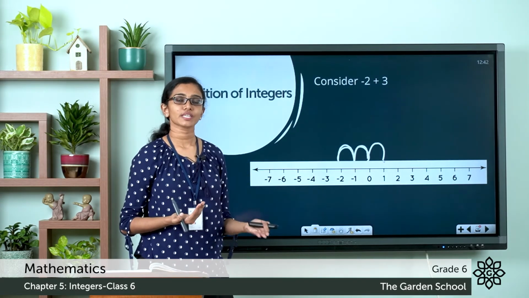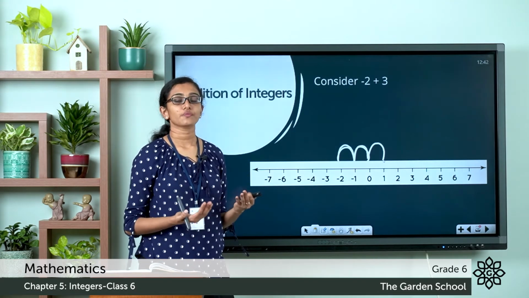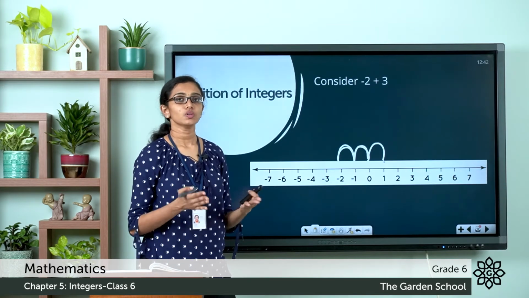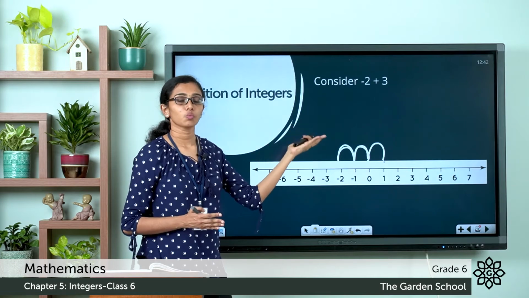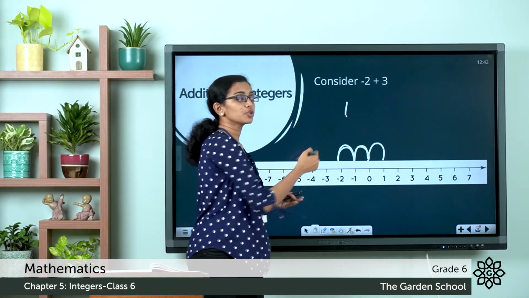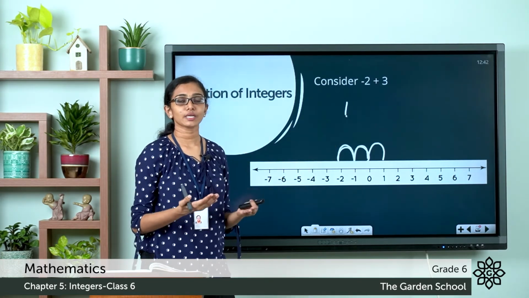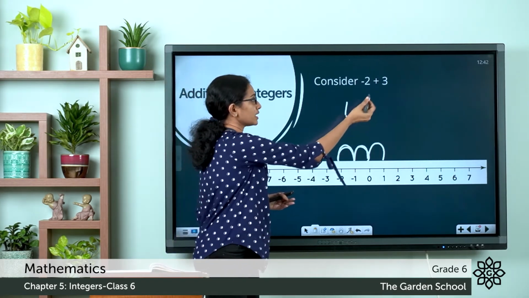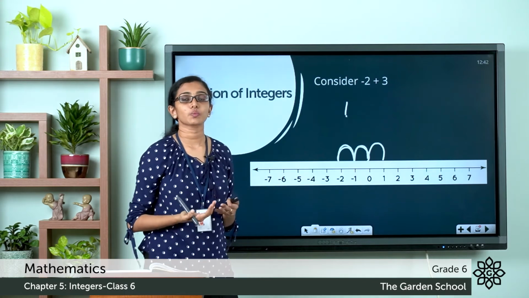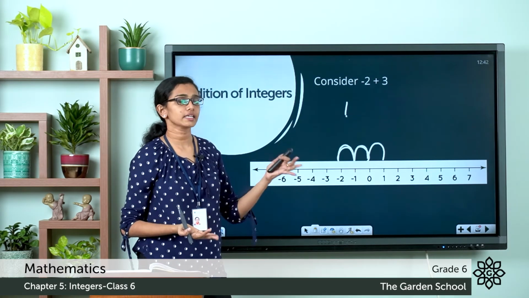So if you are not using the number line and the integers are of different signs, what can you do? Just take their difference. So it is going to be 3 minus 2, that is 1. And which sign would you put? You need to put the sign of the number with more numerical value. So here 3 is the integer with more numerical value and 3 is positive.